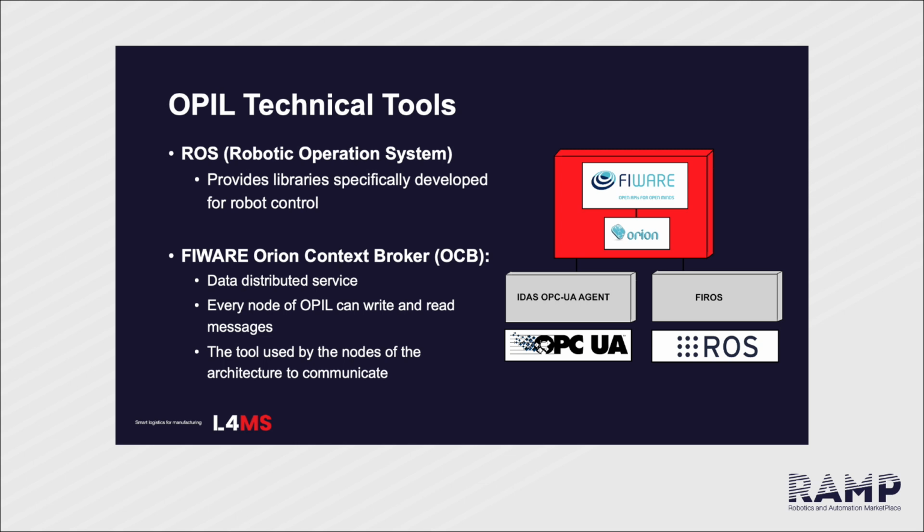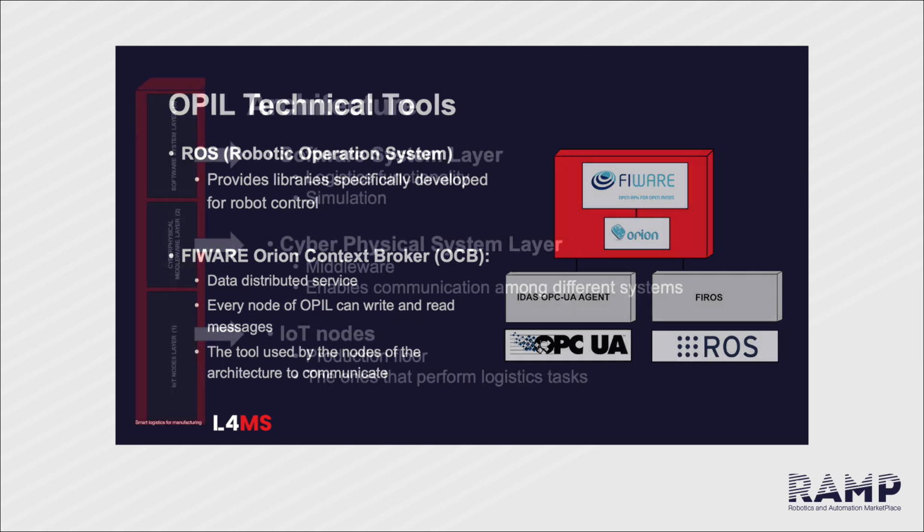Both tools communicate with software called FIROS, which can establish communication between robots, AGVs, and the main control of the library.